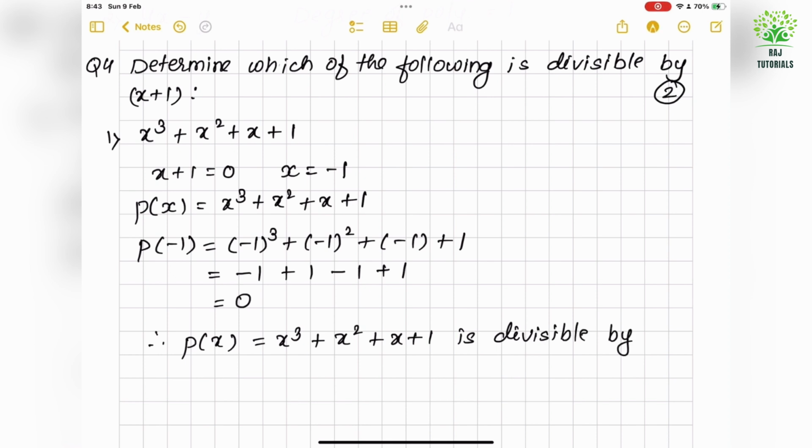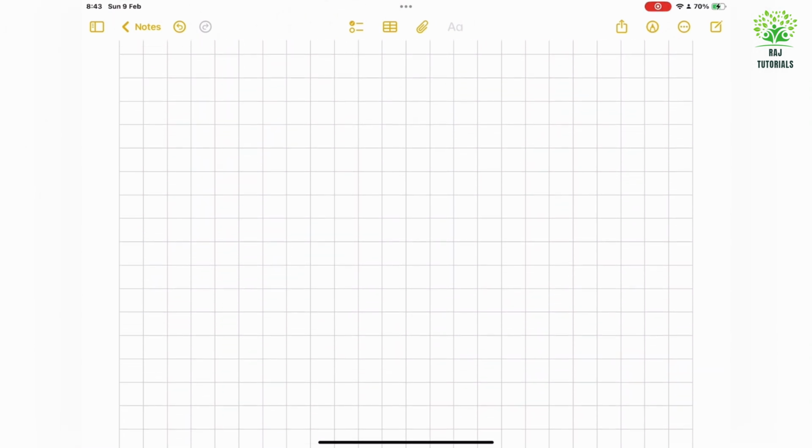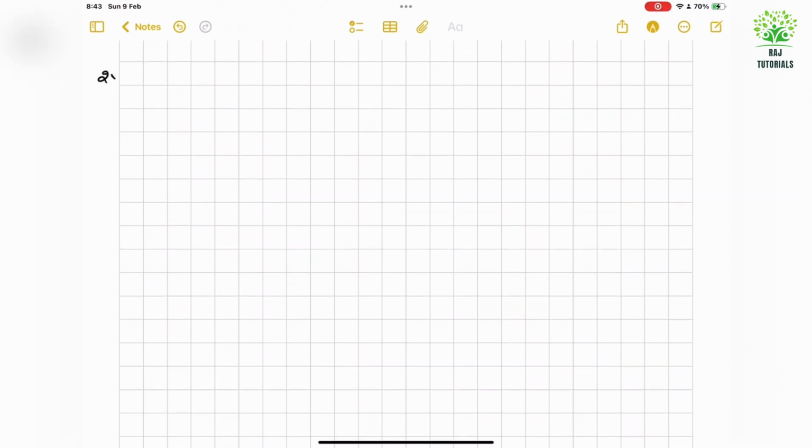Now in the second one, it says x raised to 4 plus x cube plus x square plus x plus 1. Again the same thing, x plus 1 equal to 0. So therefore x equal to minus 1 should be the zero.